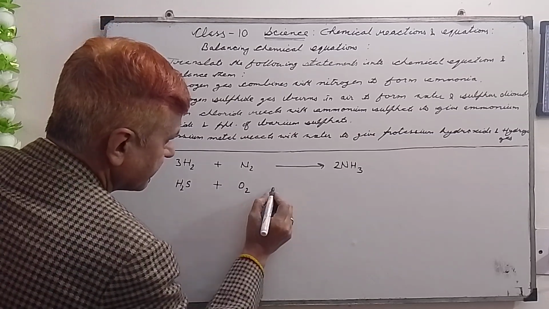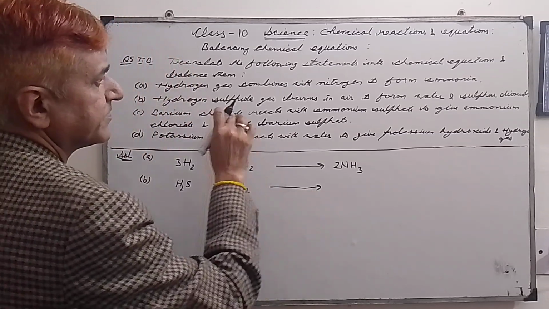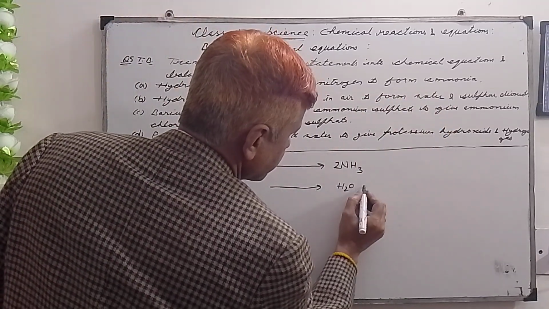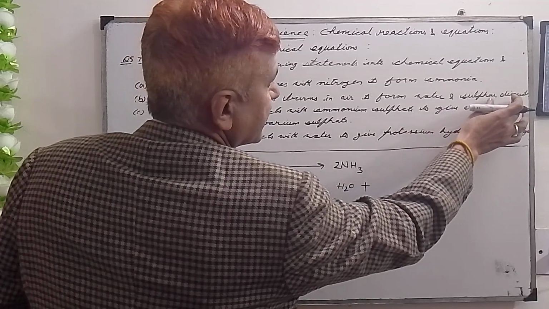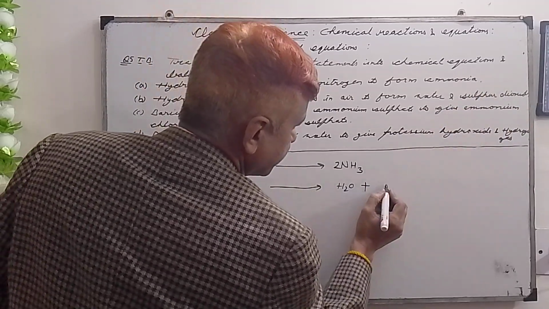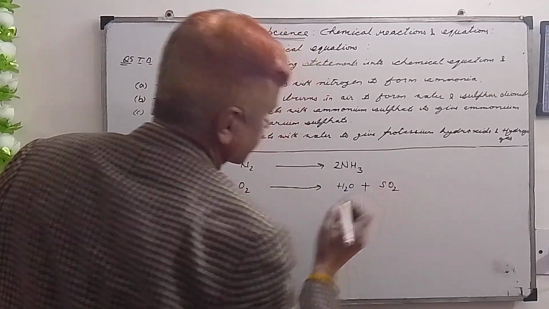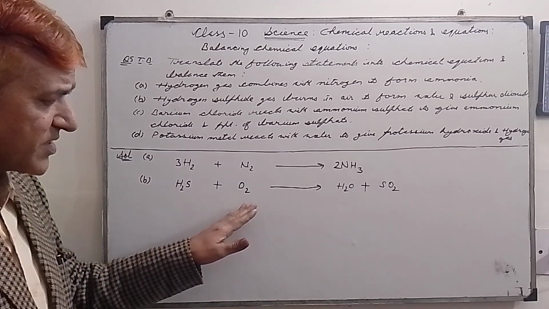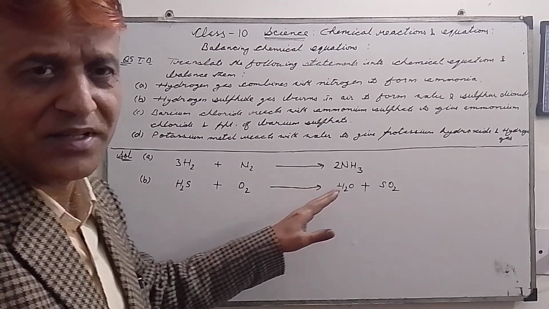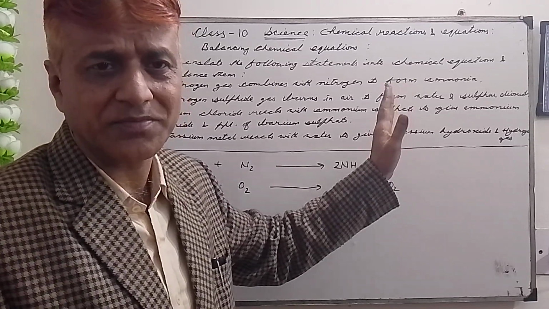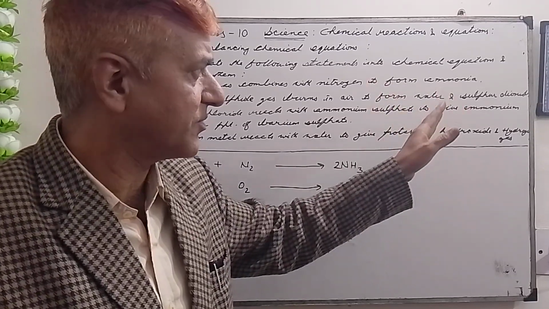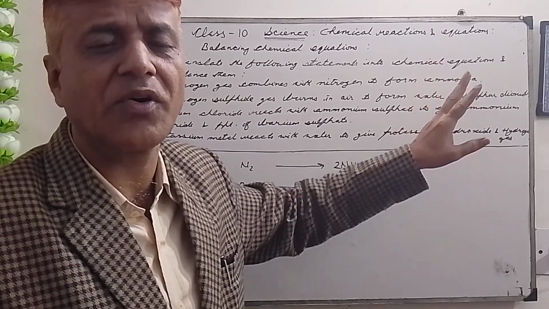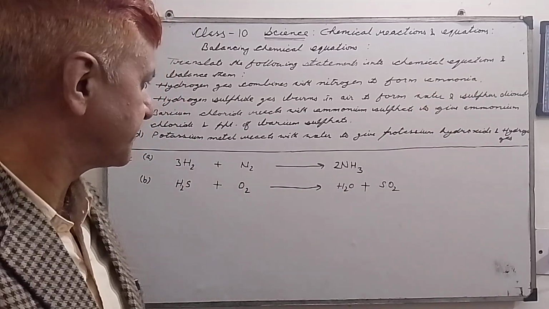So O2 to give water, which is H2O, plus sulfur dioxide, SO2. You can use the technique which I have told you to write the chemical formula of any chemical compound.